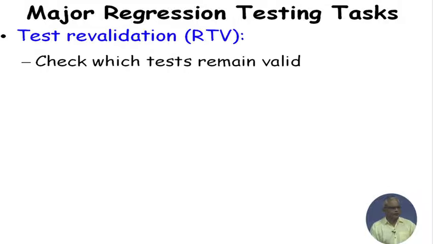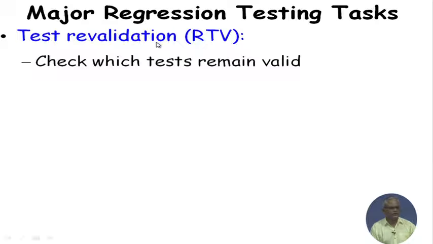Now, let us see what are the different steps through which we select the regression test cases. The major regression testing tasks are the steps in selecting the regression tests. The first thing is to identify the valid test cases, because as we said, after every change some test cases become invalid, and they need to be discarded.